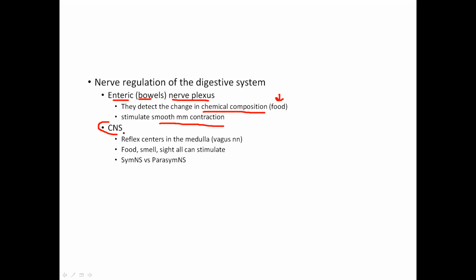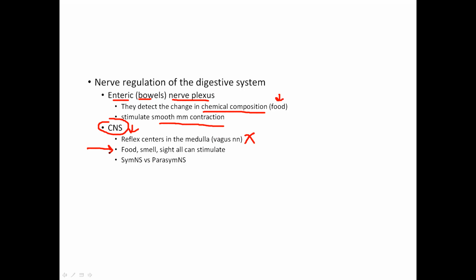Your central nervous system and the reflex centers are controlled by cranial nerve 10, the vagus nerve. The stimulation is the sight of food, the presence of food, the smell of food.